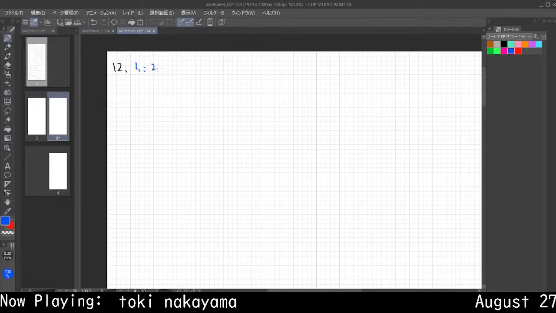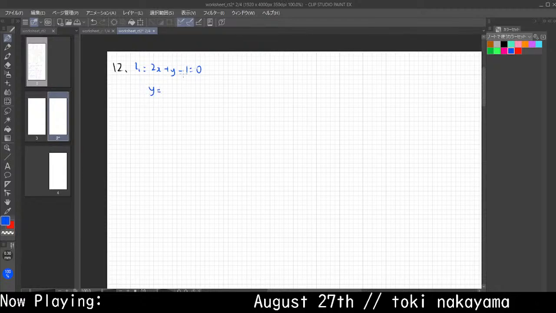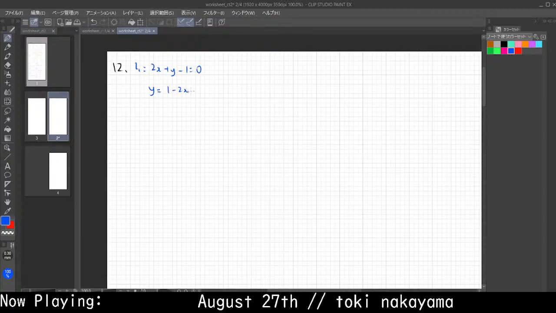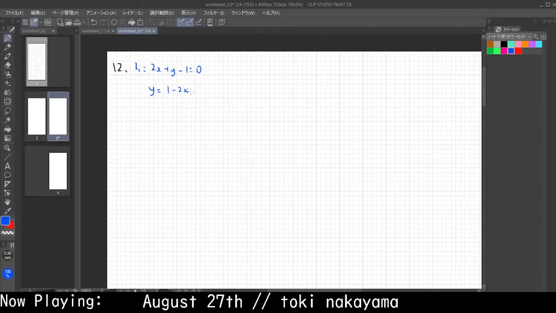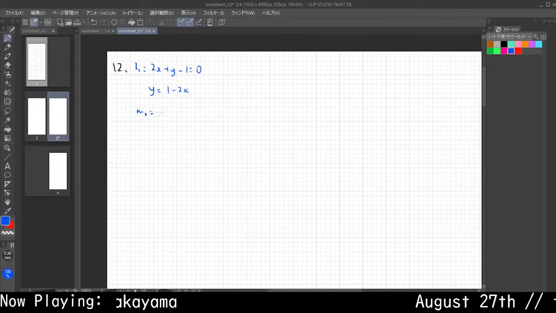So if I start from L1, I want to turn it into mx plus c. So everything I bring over, and basically you don't have to divide anything for your y. So in this case, your m1 is equal to -2.